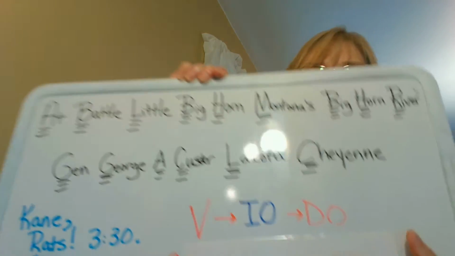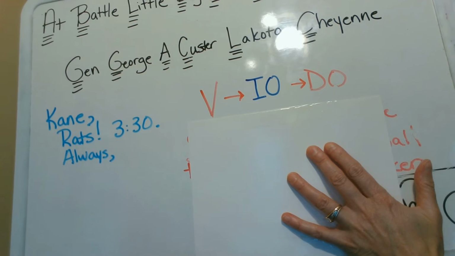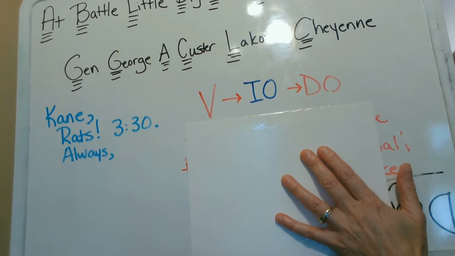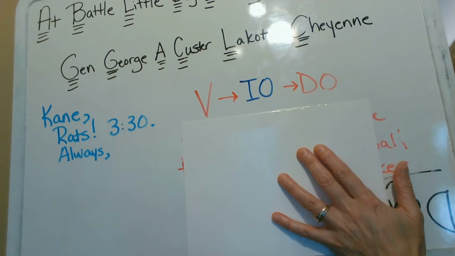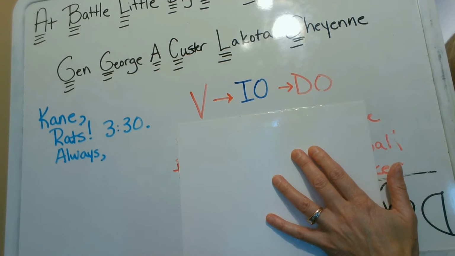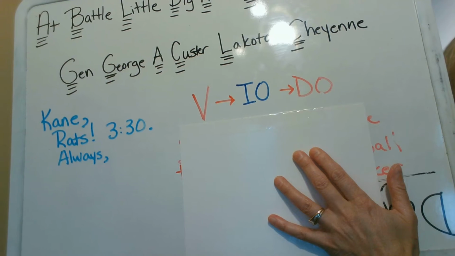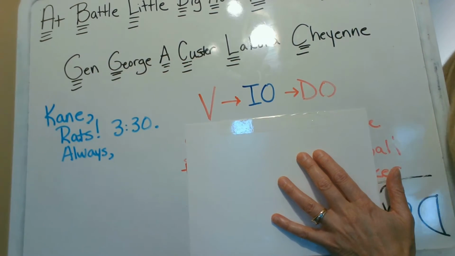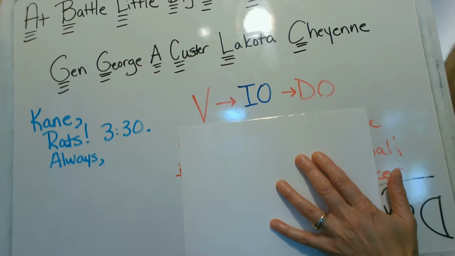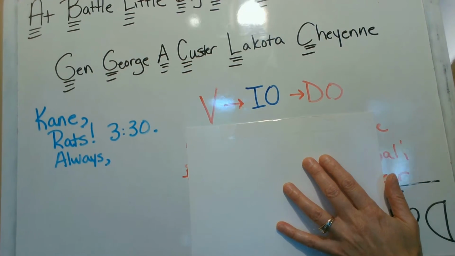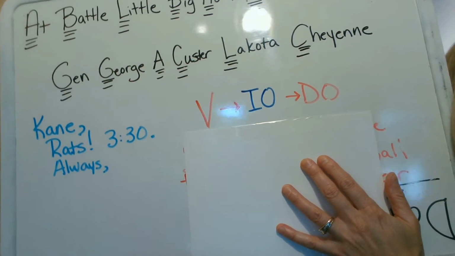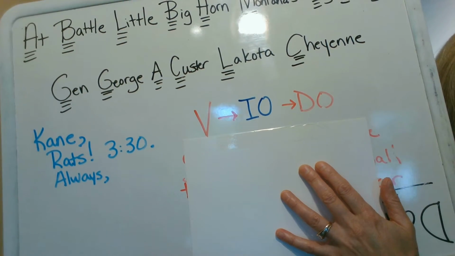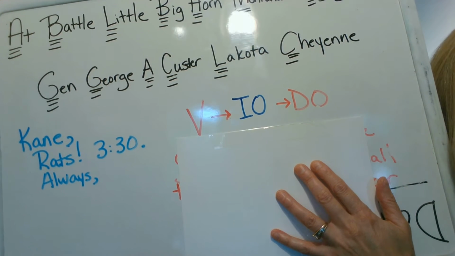It's always like this: verb, indirect object, direct object. Okay, so let's take a look at the sample sentence they have. Jana gave Marco cologne for his birthday. The subject is Jana, and what is the verb? Gave. Jana gave what? She gave cologne. She didn't give Marco as a gift. She gave cologne as a gift to Marco.